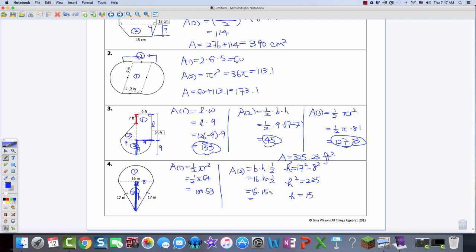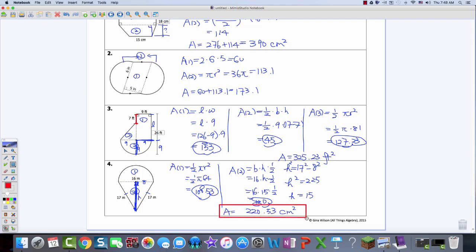I calculated the rectangle surface rather than the triangle. So triangle is half of base times height. So my final answer is 180. Again, if I add 180 to 100.53, I should have 220.53 cm squared. That is my final answer.